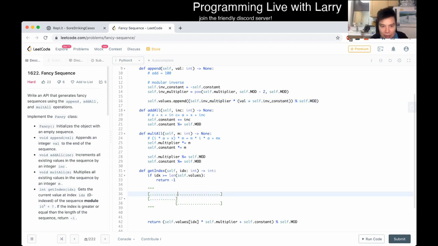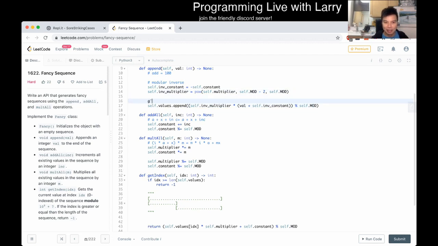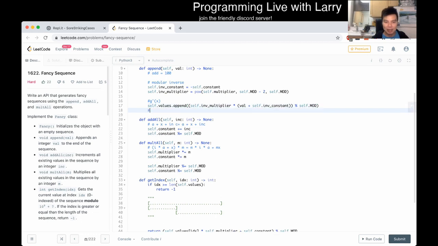Because this is the inverse function, and this is g sub x, right? And if we do g sub x like that, then it should equal the value that we have, or x, because I guess x is not an index. And that's basically why we did it this way.